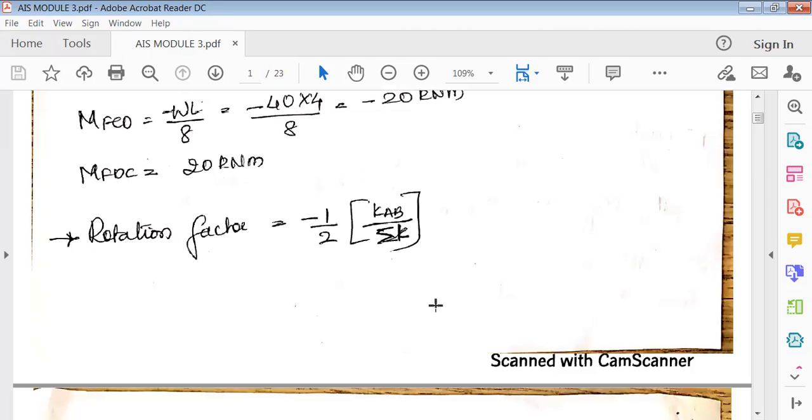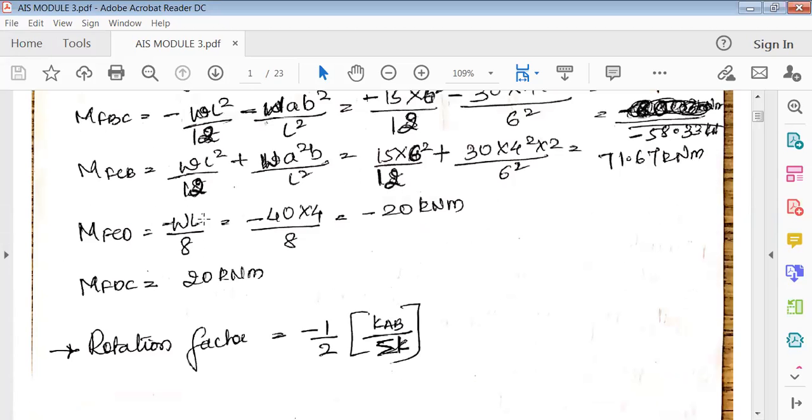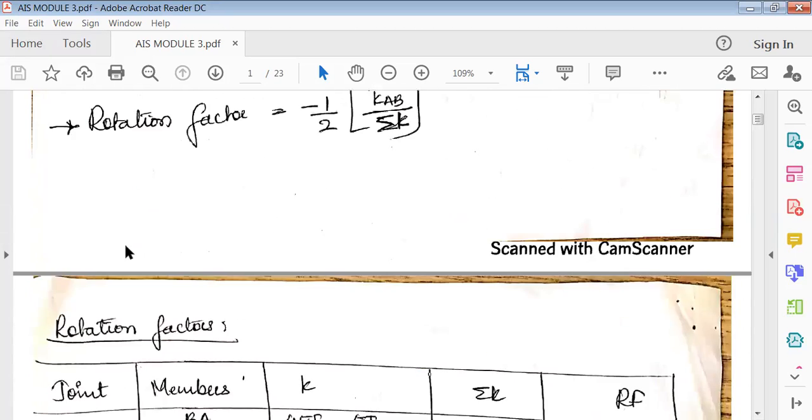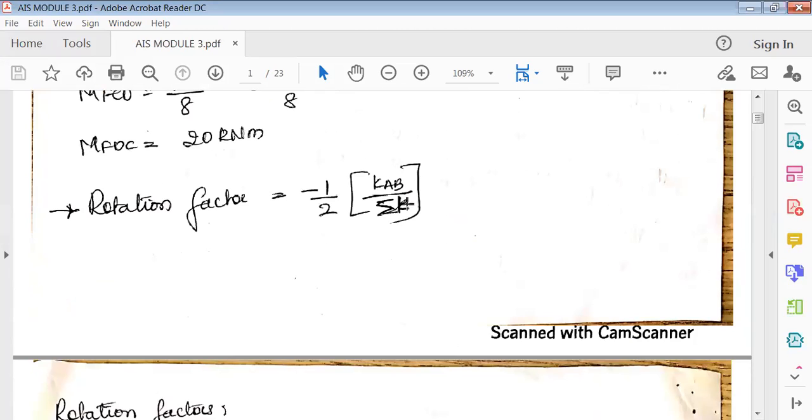The next step: previously, in the slope deflection method, we used the slope deflection equation, and in the moment distribution method, we calculated the distribution factor. Here, in Kani's method, the first step is the same, finding the fixed end moments. The second step is finding the rotation factor.